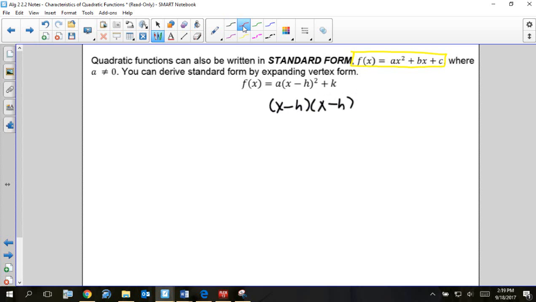We're going to FOIL that. First, x times x, x squared. Outer, minus hx. Inner, minus hx. Last is negative h times negative h, which is positive h squared.